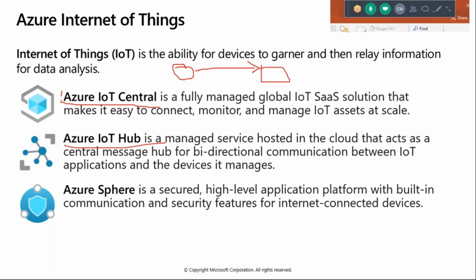So IoT Hub is a simple solution that could act like a broker, a piece of solution that could collect and connect with multiple, let's say, millions of IoT devices, send and receive data to those devices, and get the data from those devices to your applications or services in cloud. So that's what IoT Hub is for you.